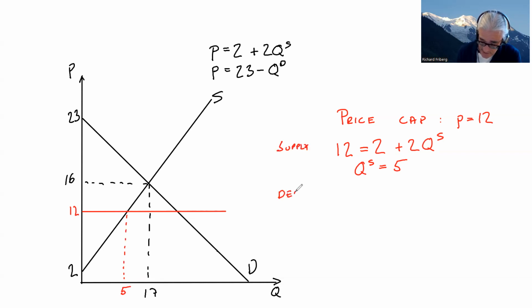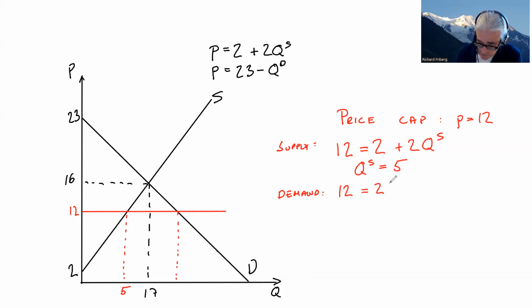Demand: how much is demanded? If the price is equal to 12, how much do customers want to buy at this low price? Well, that's more. The price is below the equilibrium price, so there's excess demand. Similarly, we look at the price of 12.